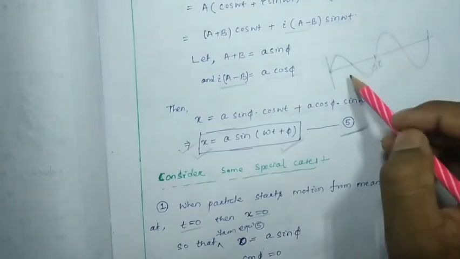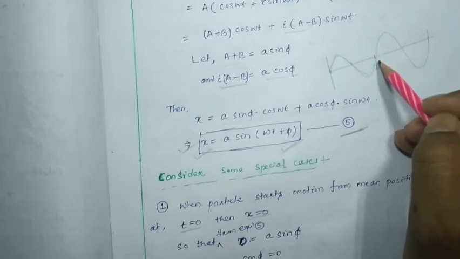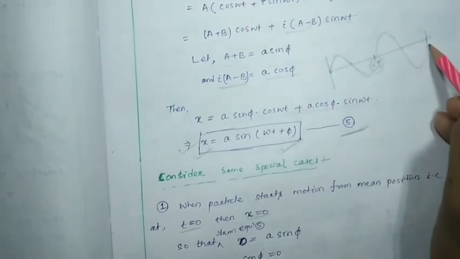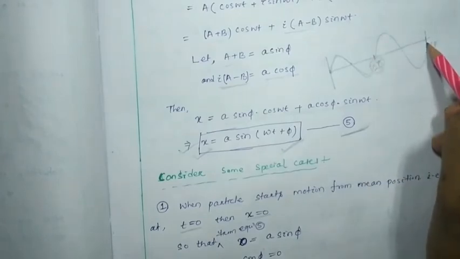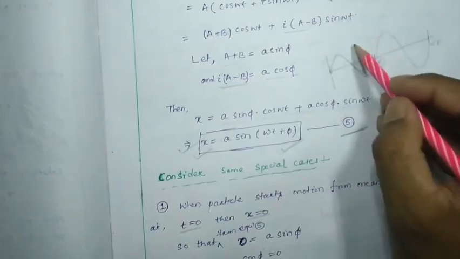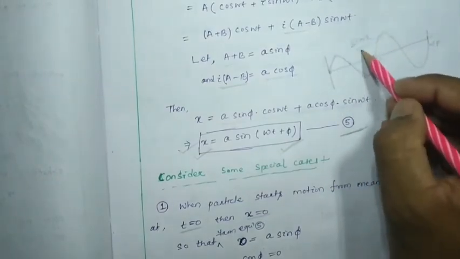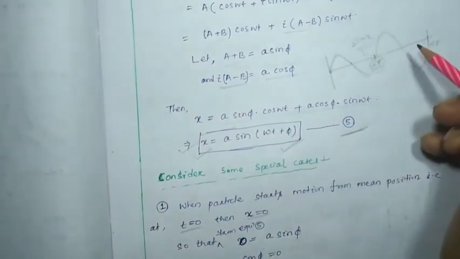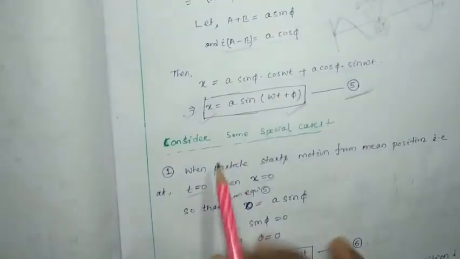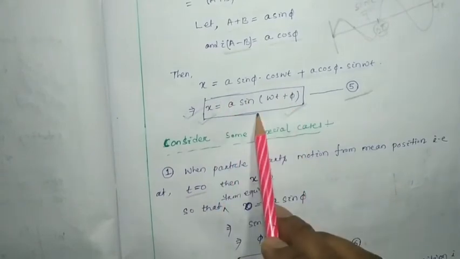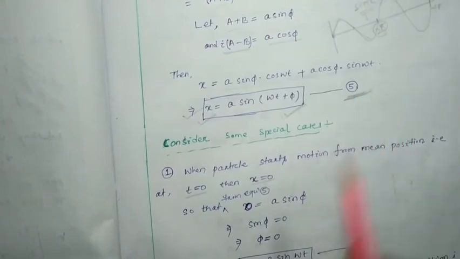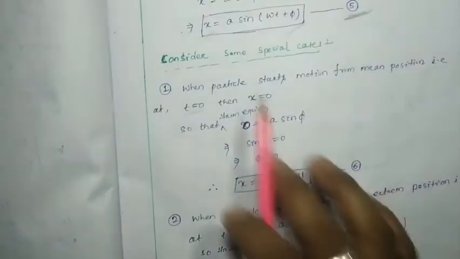So it oscillates between higher and lower values in between 2 pi, and again for the further 2 pi the same thing happens. That means the sine function, if we consider sin x, is also one type of oscillation. Only for that reason our solution came out with the sine function. So let this be equation number 4, equation number 5. Okay. Now we are going to consider some special cases.